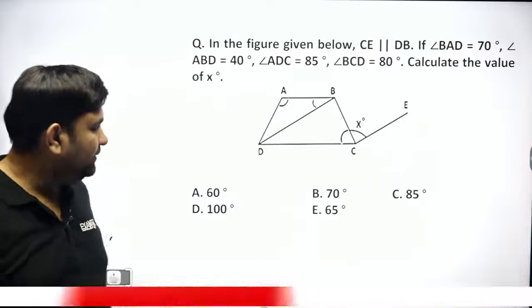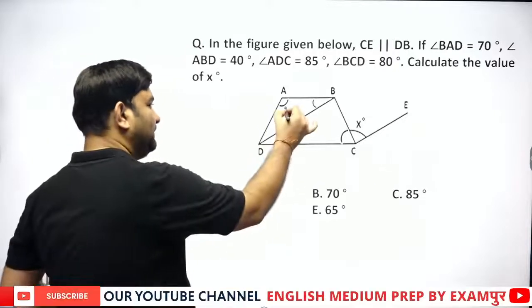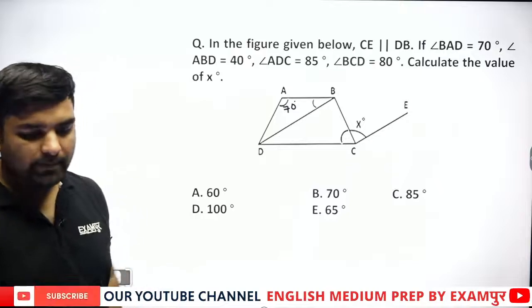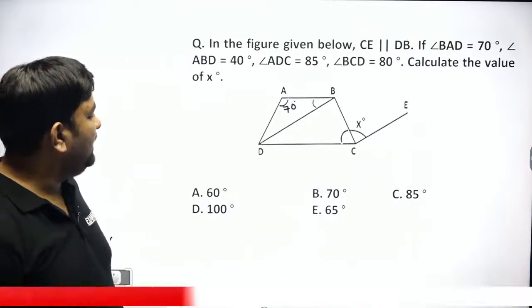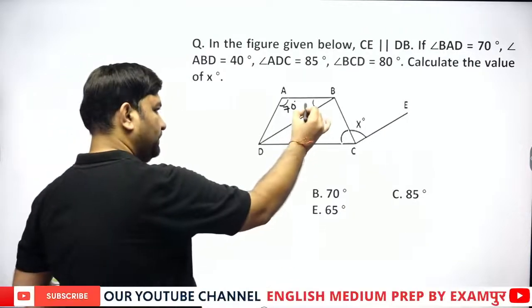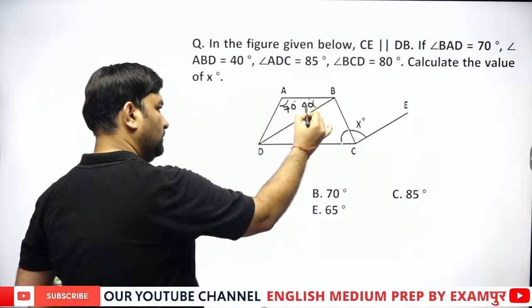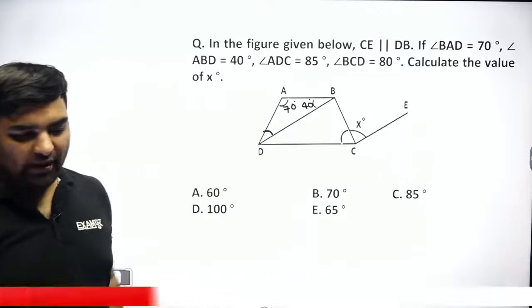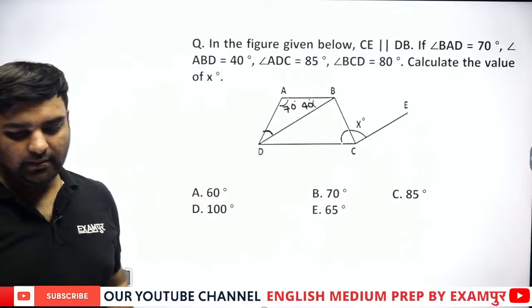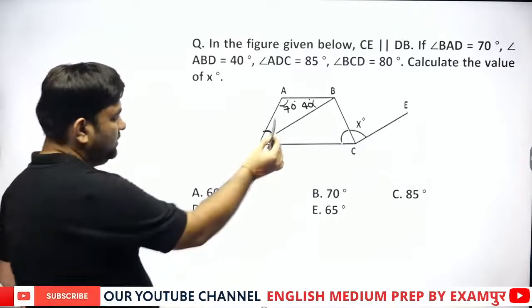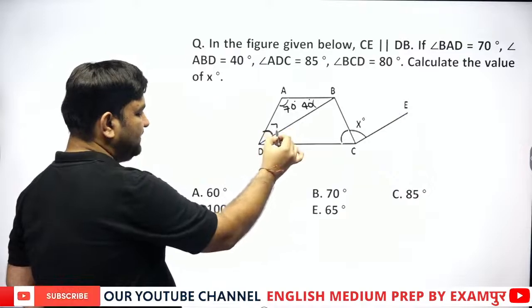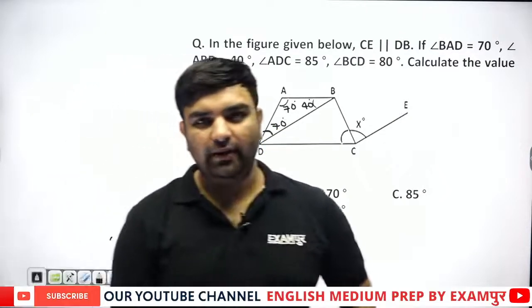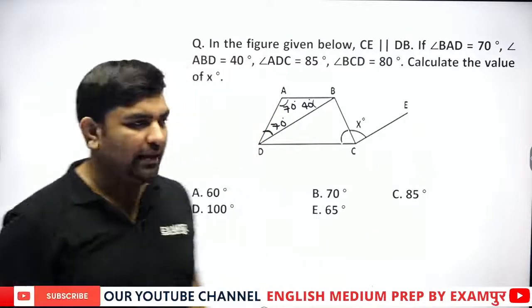Angle BAD is 70. Angle ABD is 40. What is this? 110, remaining is 70.